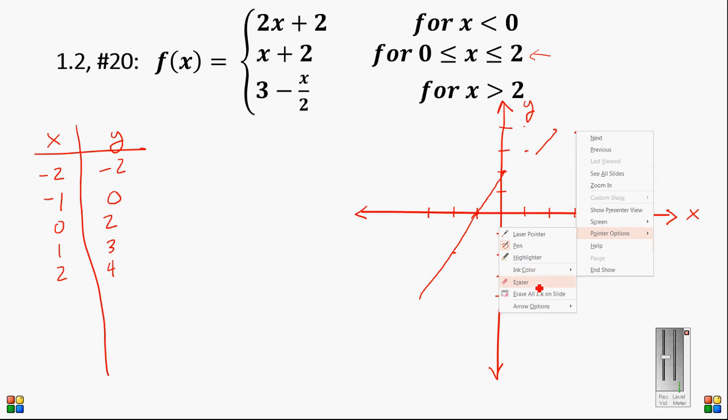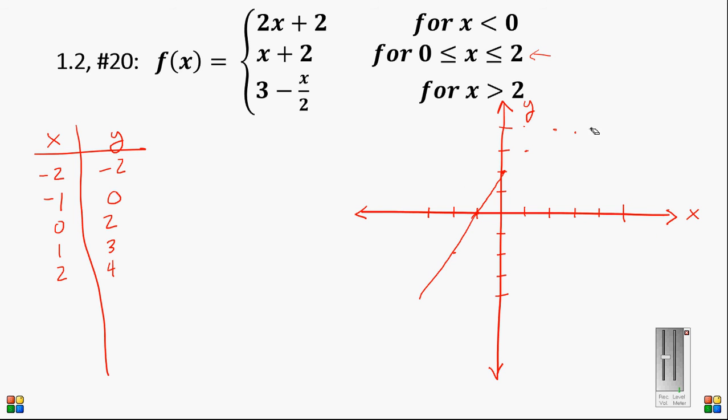Problems of working with the technology here. There we go. I get my pointer back here. There's my pen again. So I want to go from here to here. We'll see that that slope actually changed. Here it was much more vertical, and here it's flattened out a little bit.